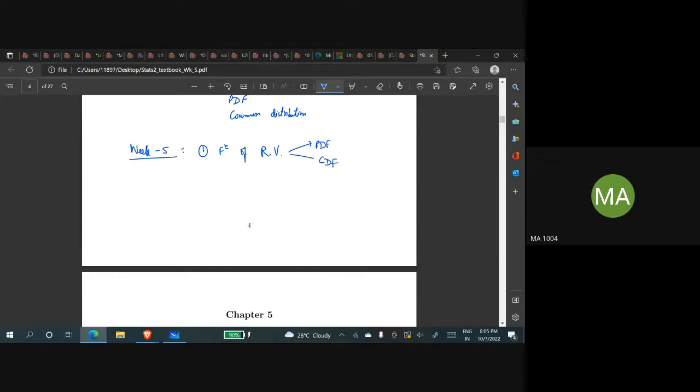Then we are going to look at expected value. We had seen in week 3 the expected value for a discrete distribution, but here we look at expected value for a continuous distribution.